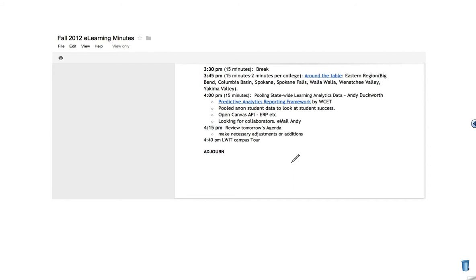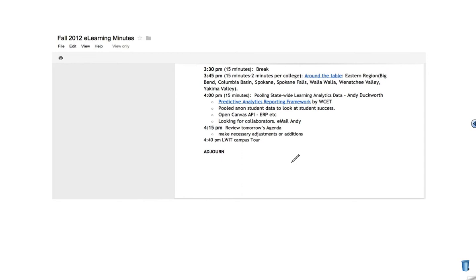We'll be pulling together a group of folks at the state level, different e-learning directors and other folks, to think about how we could use Canvas data and ERP data, that's the new SIS, or Student Information System, as well as other data sources. At the state level, if we can pool our resources and pool that data, we could come up with some really interesting predictive analytics that students could use to help make decisions about learning processes.